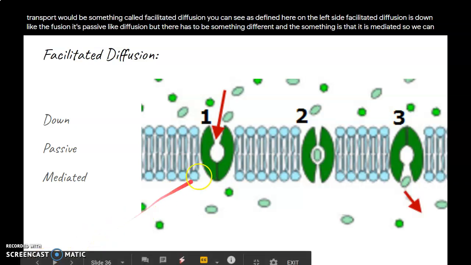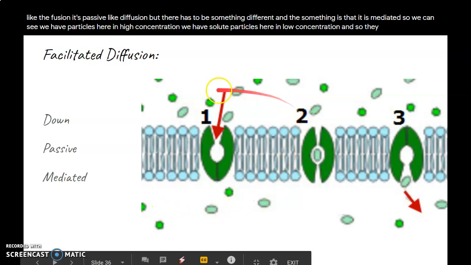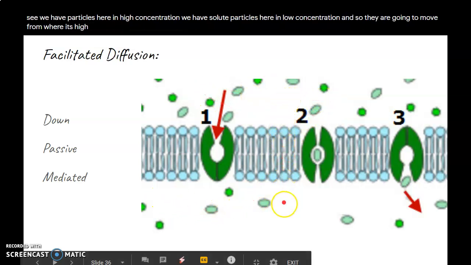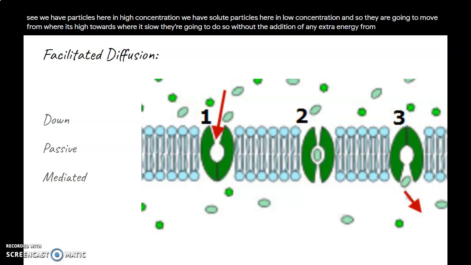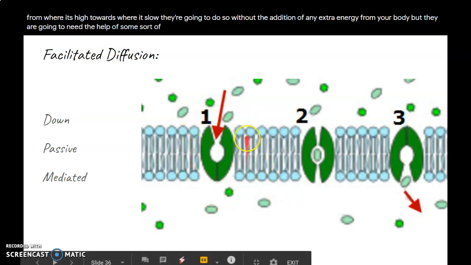So we can see we have particles here in high concentration. We have solute particles here in low concentration, and so they're going to move from where it's high towards where it's low. They're going to do so without the addition of any extra energy from your body, but they are going to need the help of some sort of transport system.